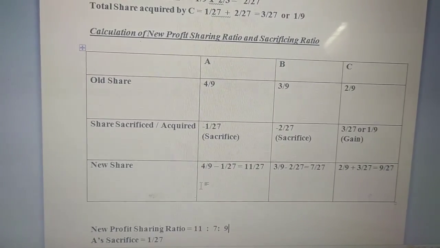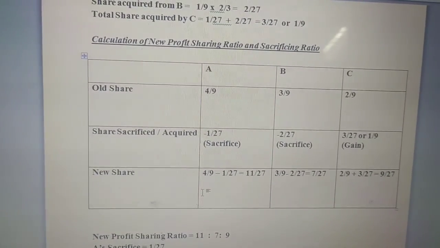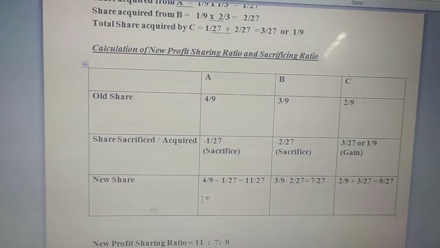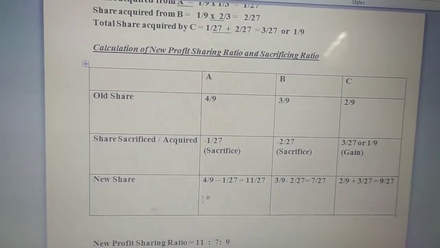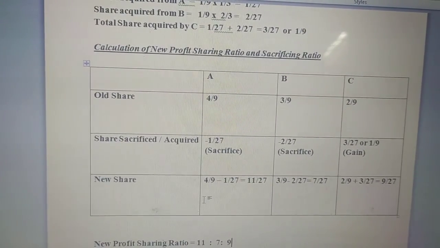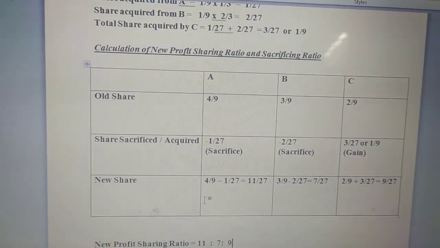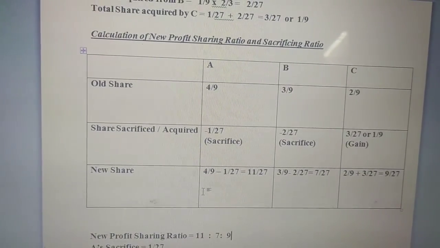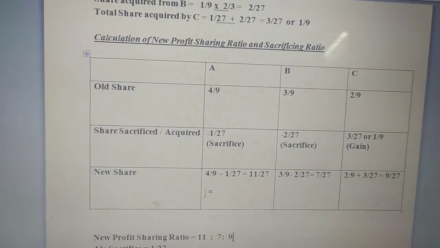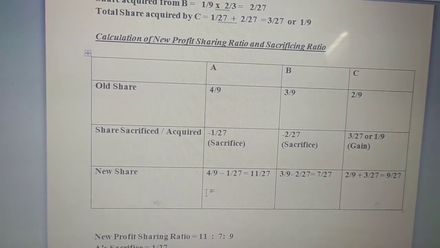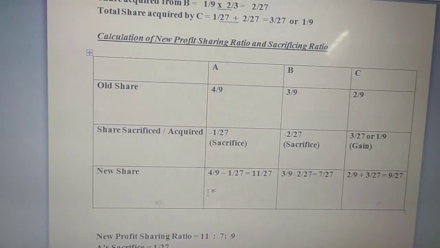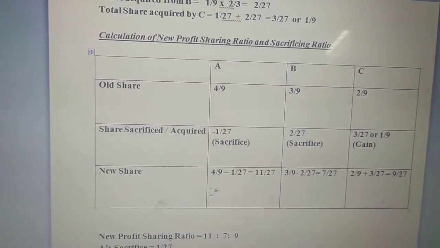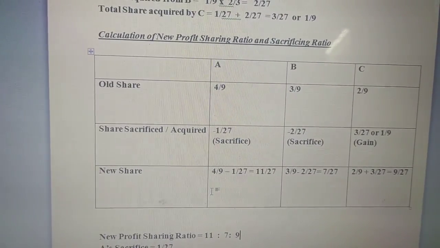In the same manner for B, his old share was 3 by 9. How much has he sacrificed? 2 by 27. Subtract the sacrificing part from his old share. Yes, 3 by 9 old share minus B's sacrificing part, 2 by 27. You will get 7 by 27.